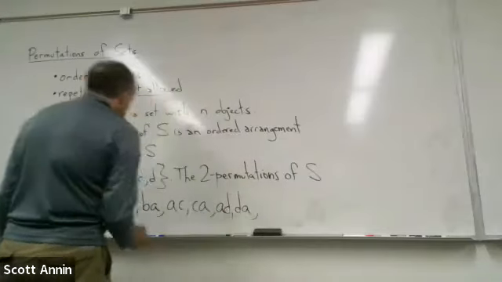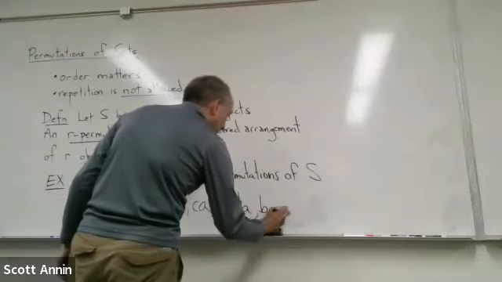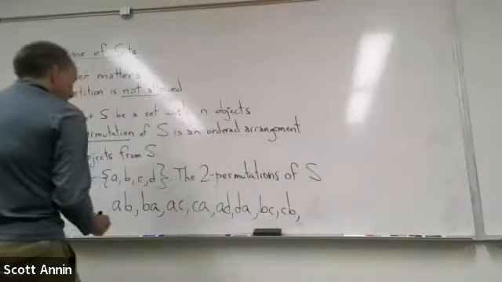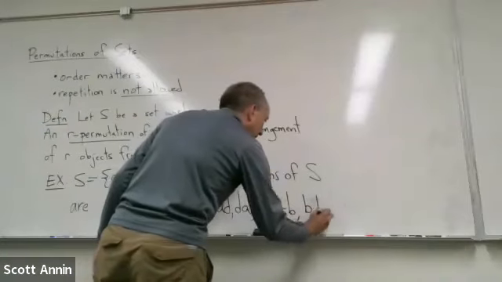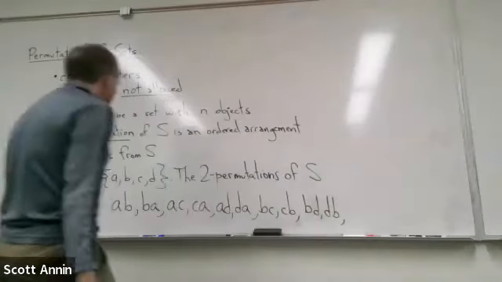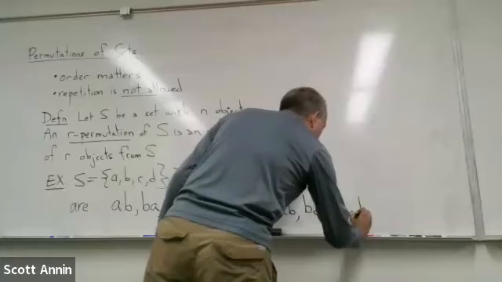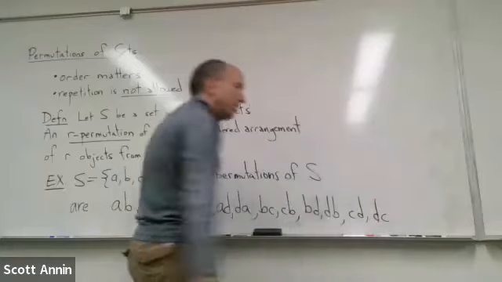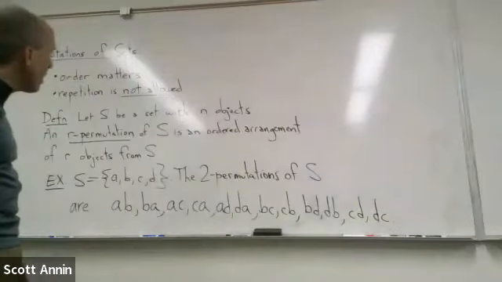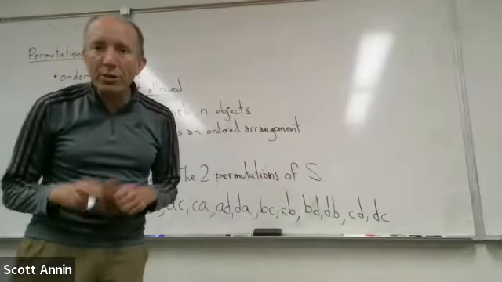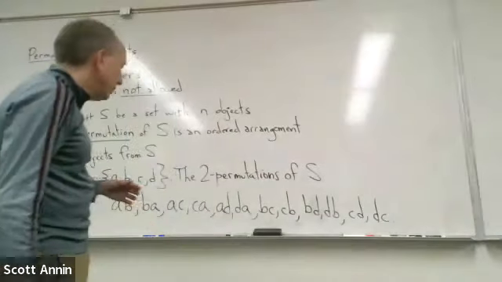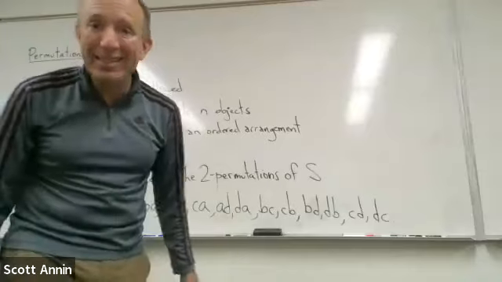Then we go to BC, CB, BD, DB, and finally CD and DC. Notice that we are not allowing any repeats here, so you don't see things like BB in the list.